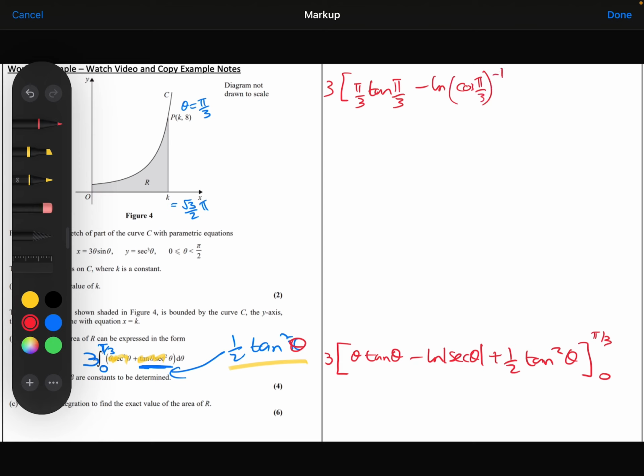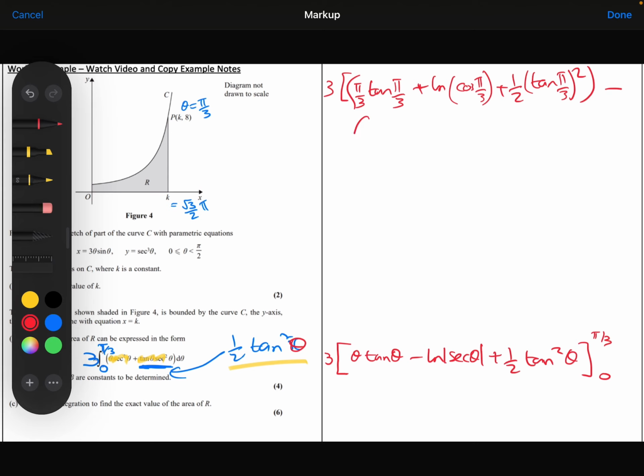And then with the laws of logarithms, I can take that minus 1 and put it at the front. So that simplifies my life a little bit. Plus 1/2 tan pi over 3 squared.